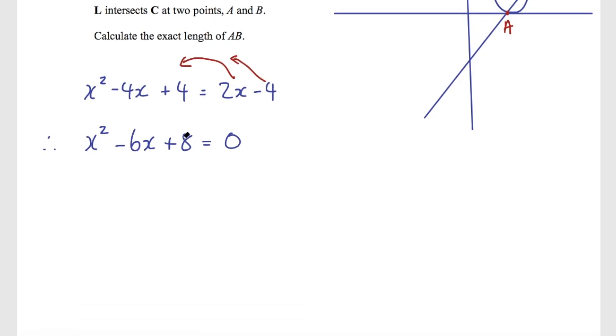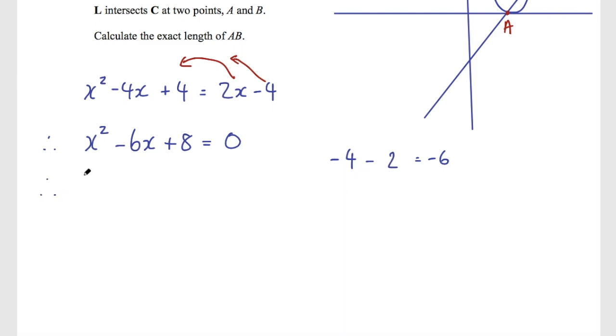So now I have a quadratic which I can factorize. And let's see if we can find two factors of 8 that make minus 6. Well, the two factors of 8 are 4 and 2. And if I subtract both of those, that will make minus 6. And minus 4 times minus 2, that's plus 8. So my two factors there are minus 4 and minus 2.